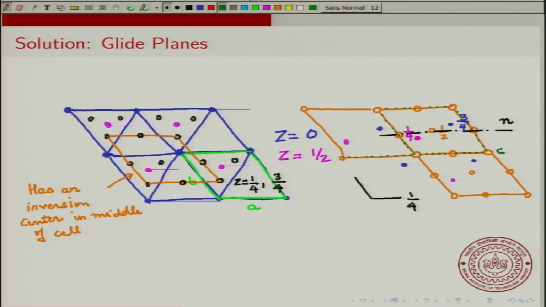You can show several other glide planes that are symmetrically reflected in this. So if there is one here, there will also be one in this direction. So, these are the glide planes in this diamond cubic lattice. Now, what about the screw axis?